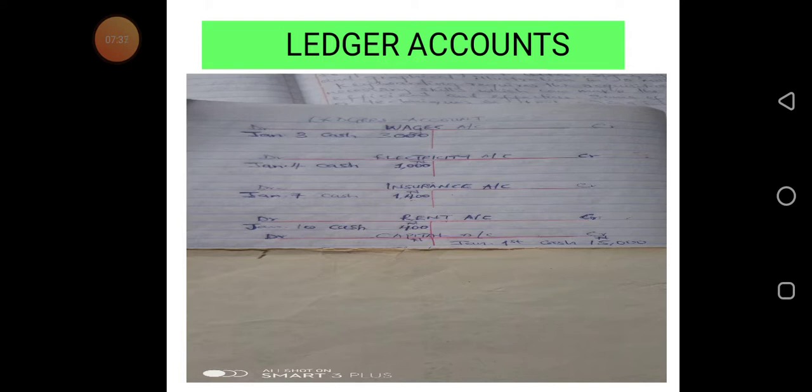We go to the insurance account, we have 1,400. We go to the rent, we have on the debit side 400 naira. Then we go to the capital account and we have on the credit side 15,000 naira.